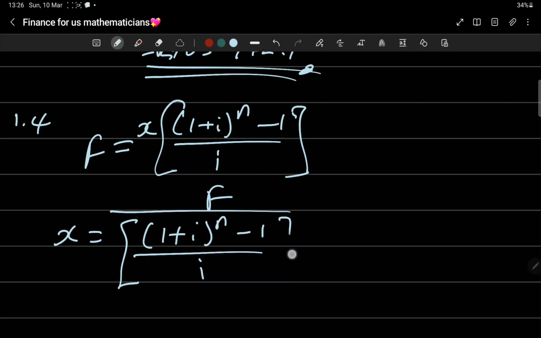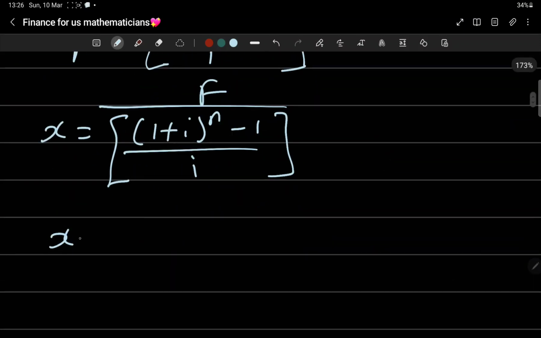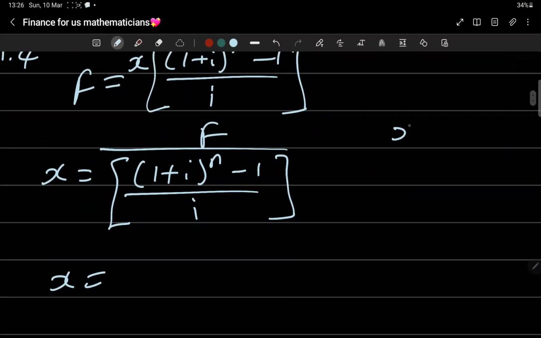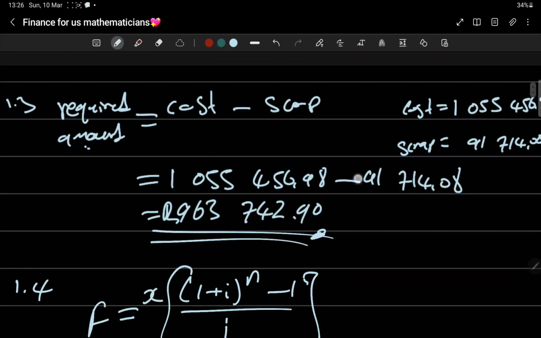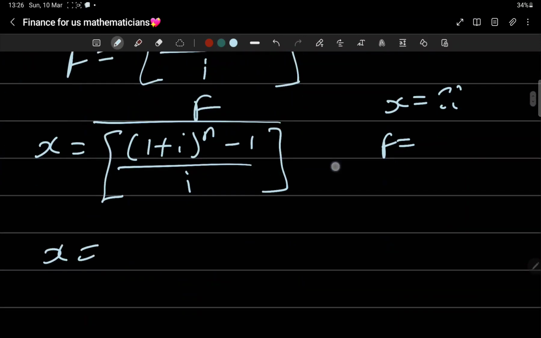However way you prefer. Let's write the given values. We don't have X, but the future value, we should have 963,742.9 in 8 years' time.